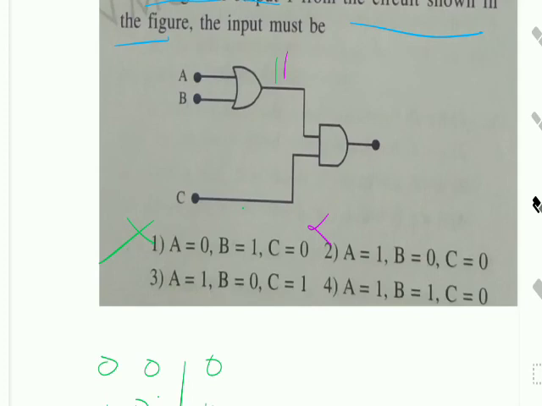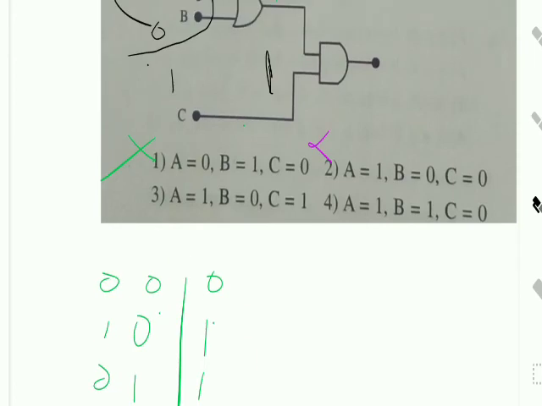From this 1 0 1, output 1, 1 1 1 in OR gate also 1. So output 1. Third one is the right answer.